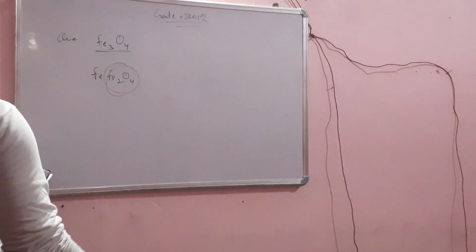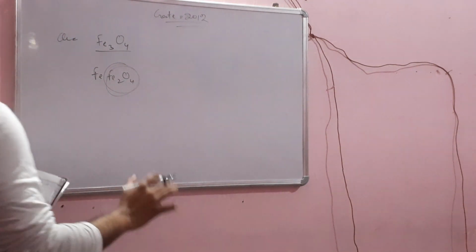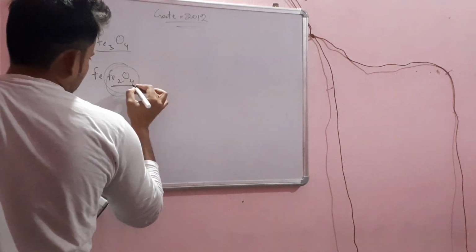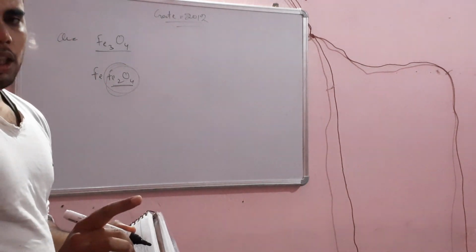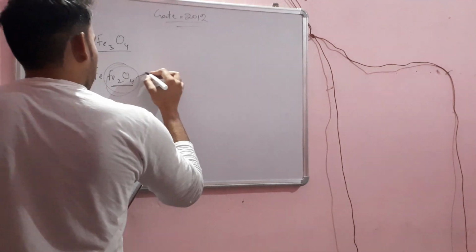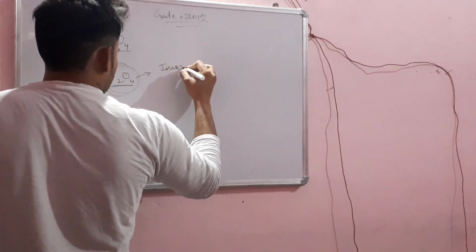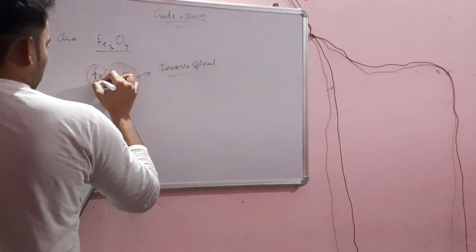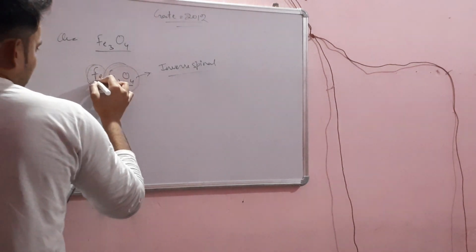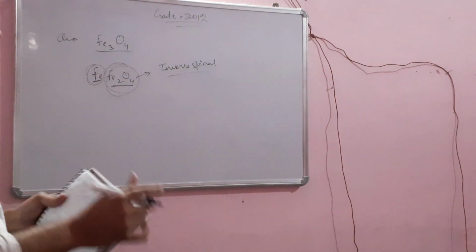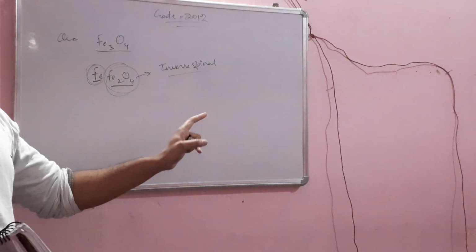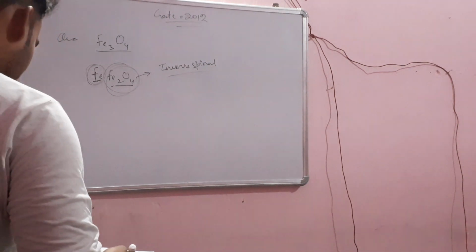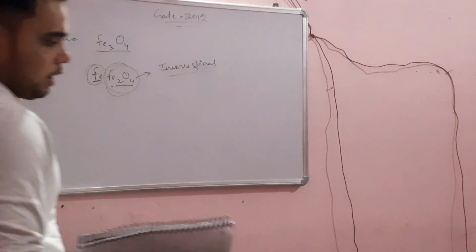Whenever you are asked whether a compound is normal or inverse spinel, every compound of Fe3O4 is an inverse spinel. The thing is whether any other metal can be present here. If magnesium is present in place of the iron, then only it is normal. Otherwise, every Fe3O4 compound is an inverse type spinel. So that's your answer.